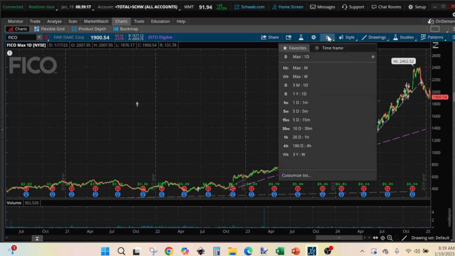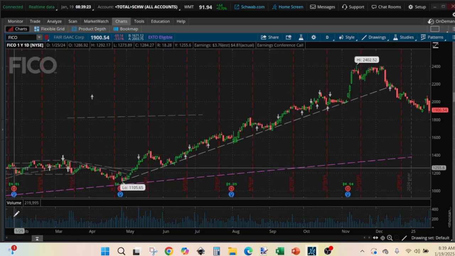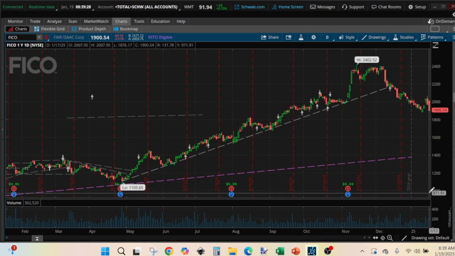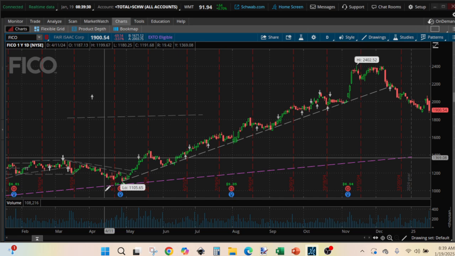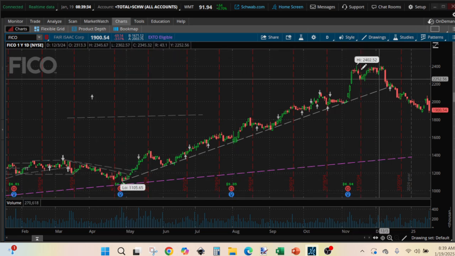If I go to the 1 year daily chart, you'll be able to see year to date, January 2024 to January 2025. The beauty of the 1 year daily chart is you'll be able to see the 52 weeks low and the 52 weeks high on the screen.